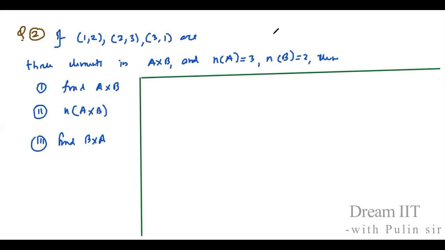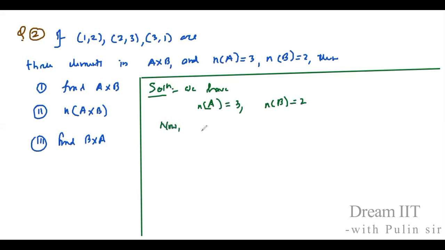None, sir. Okay. So now we'll be going for the solution of this. First of all, I'm giving you the complete process solution so that if you write it in a descriptive exam also you will get it. We have n of A equal to 3 and n of B equal to 2.